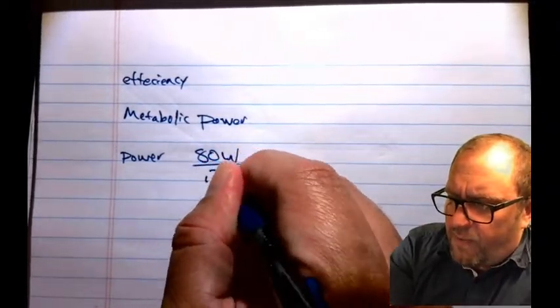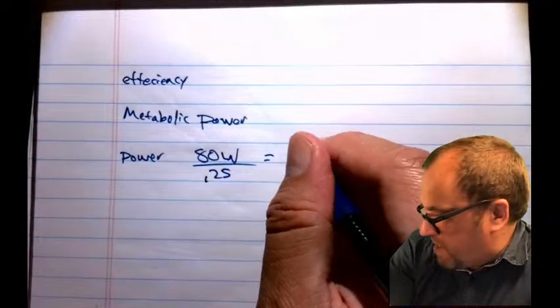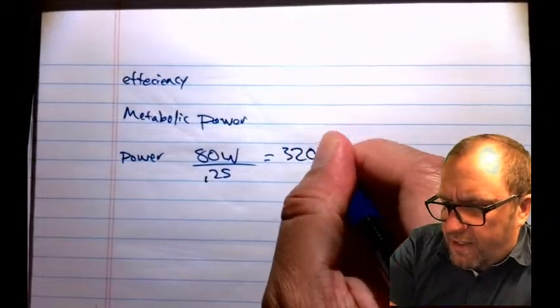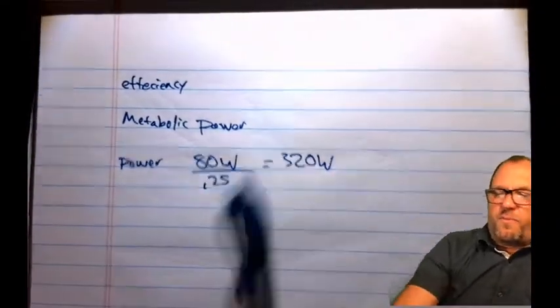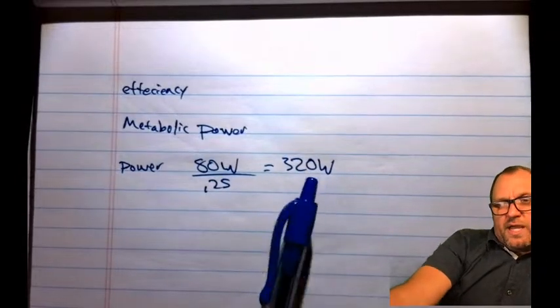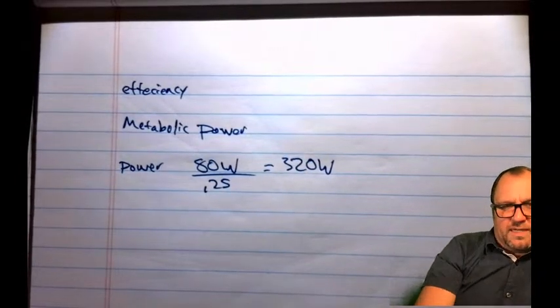So I divide that by 0.25, that's 25%. So then it would take me 320 watts. And I think for a bicycle it's actually 370 watts, but that's close enough.